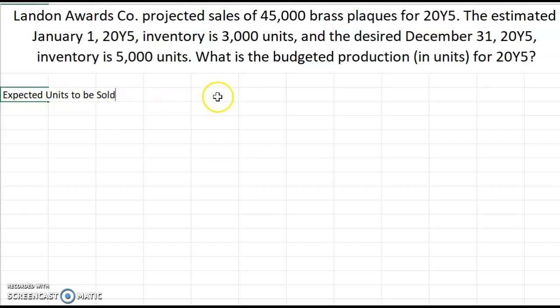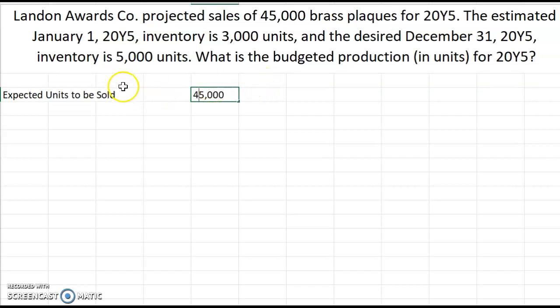And that is 45,000. Then we would put that, let's see, we expect to sell 45,000. We put that in. Then we're going to have to be given our levels of inventory that we started with and the amount that we want to end with.